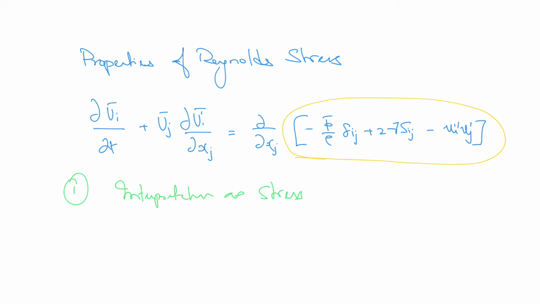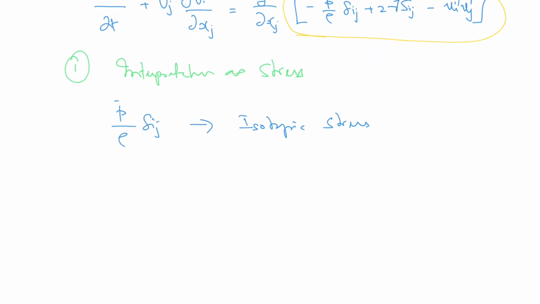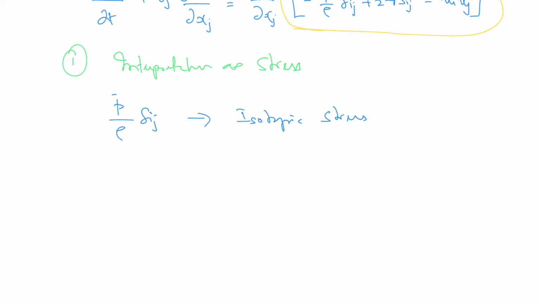Now, the first term on the right side, the pressure term with δij, is the isotropic stress. We can also see that this is a normal stress. If we choose a point, all the arrows will be pointing inwards towards the center. So this is the isotropic stress that we are dealing with. Then the second term, we have the ν Sij part.